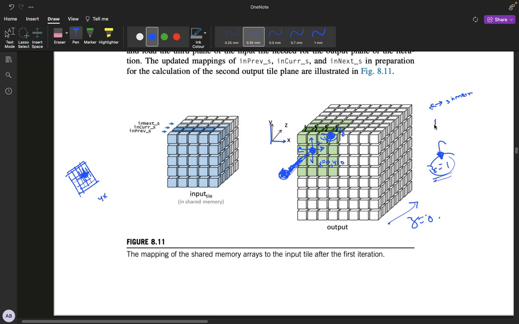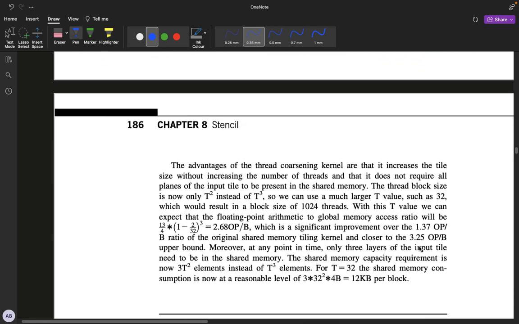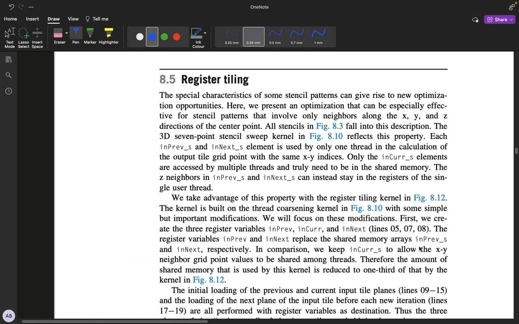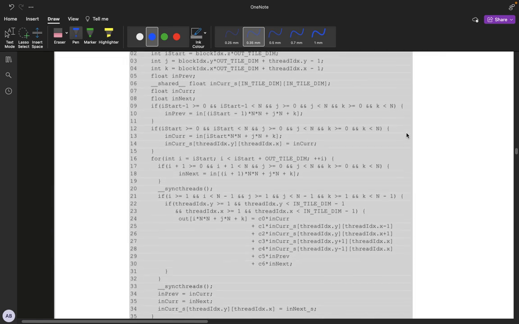Now there's a global memory transfer from global memory to register, and we are using the register. And this way we are not even using three times the shared memory. So we just have to allocate one xy plane worth of shared memory instead of three xy planes of shared memory. So this is what is called register tiling.